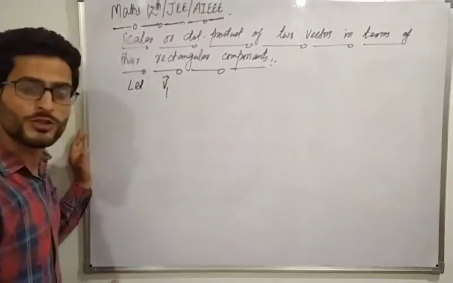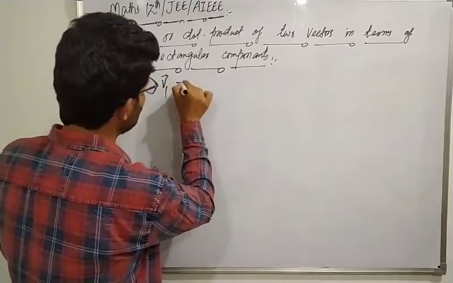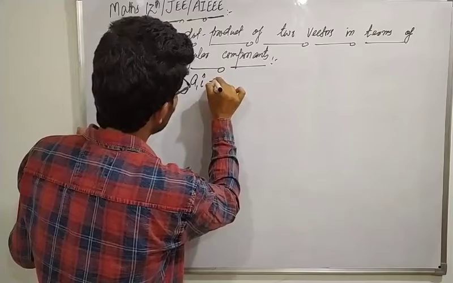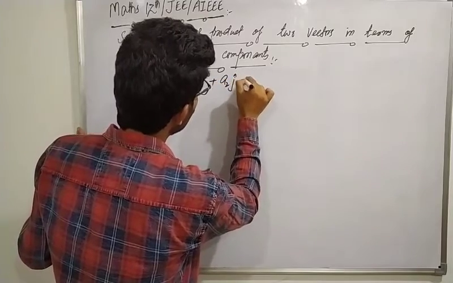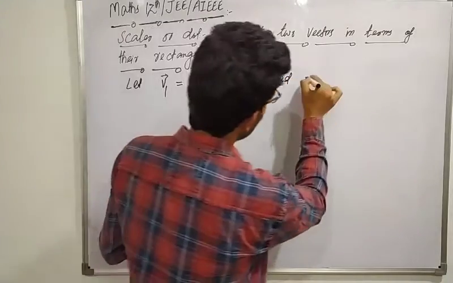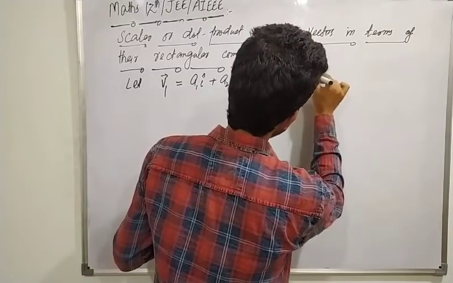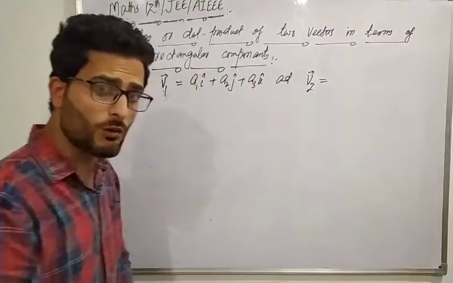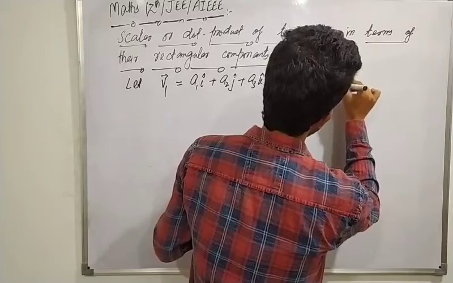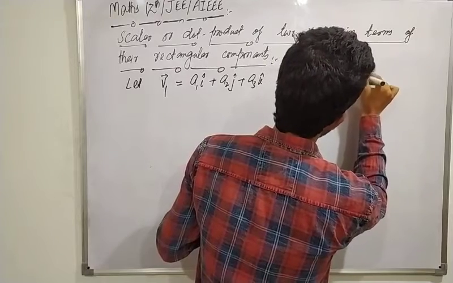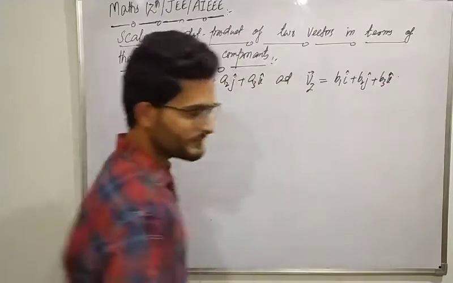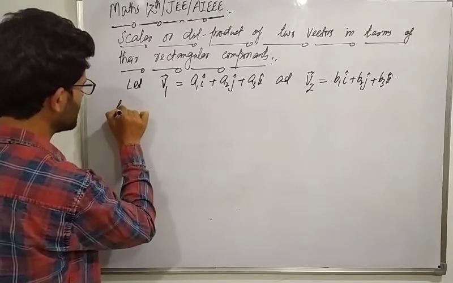So we will let v1 be a vector which has been resolved, suppose in space, in terms of its rectangular components, as v1 is equal to a1i plus a2j plus a3k, and suppose we have another proper vector v2 which is equal to, again resolved in space in terms of its rectangular components, as b1i plus b2j plus b3k.